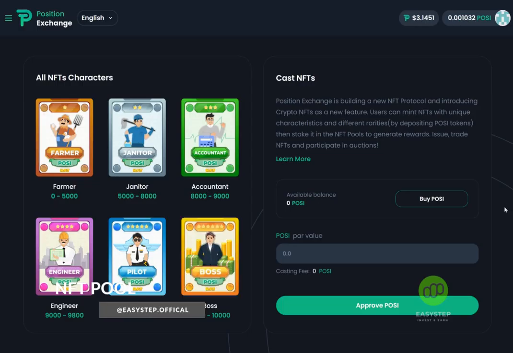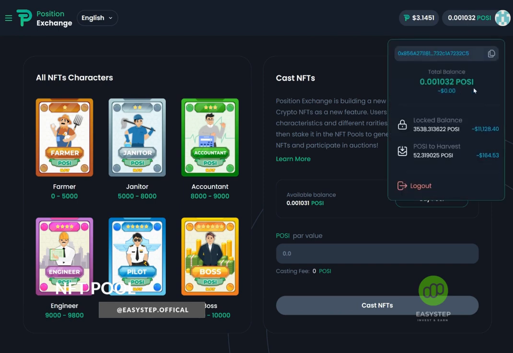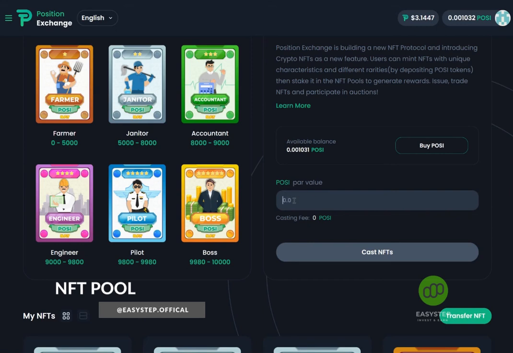You can buy from the auction, buy and sell from the marketplace, or you can mint your own NFT. The way you mint your own NFT is by using whatever POSI balance you have here. You determine how much POSI you want to use, put that amount in the POSI par value field, and click Cast NFT.